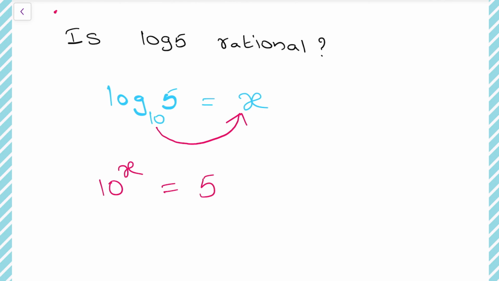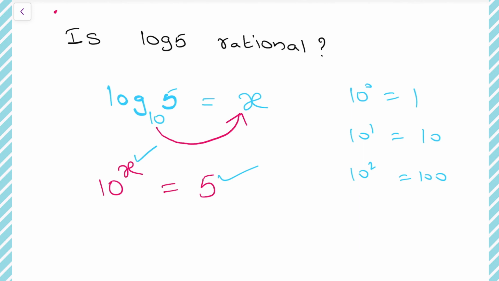Now let us check. In the place of x, I will substitute numbers one by one. 10^0 is 1. 10^1 is 10. 10^2 is 100. If we continue like that, is there any chance that we will get the number 5? Obviously no. There is no x which satisfies the given equation.